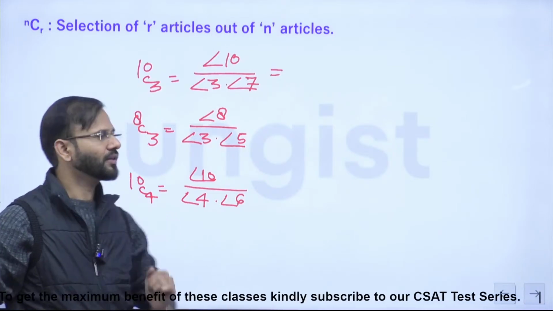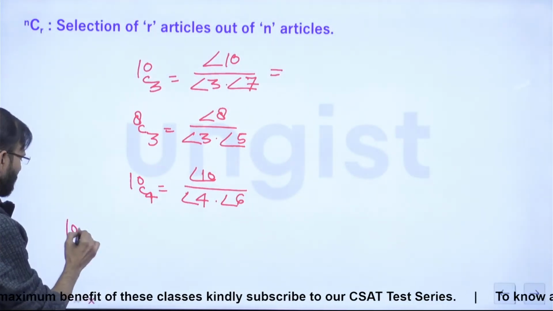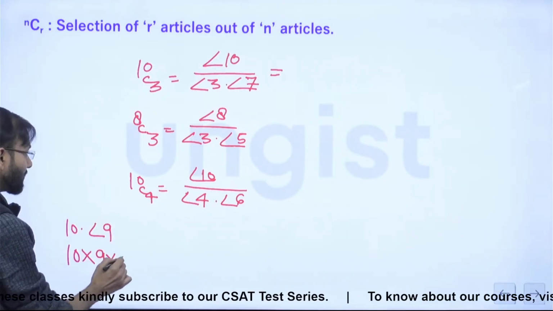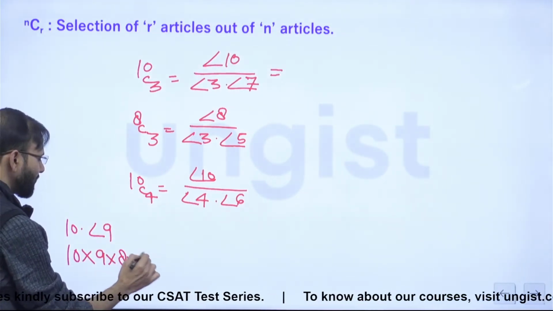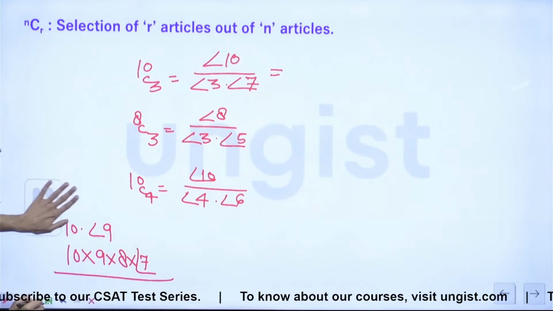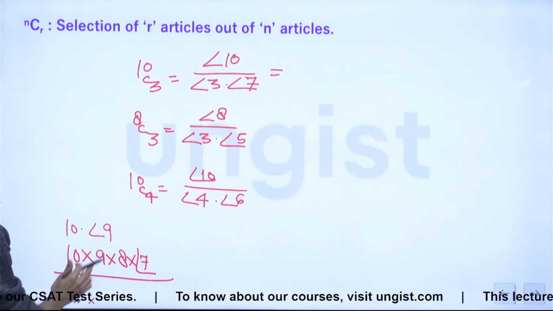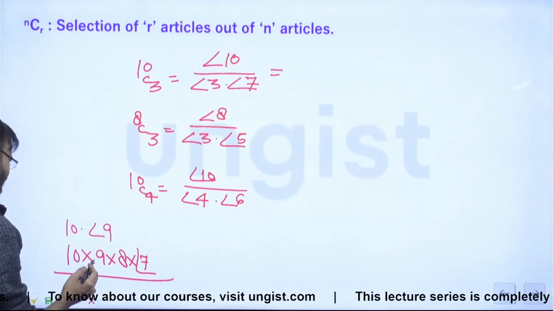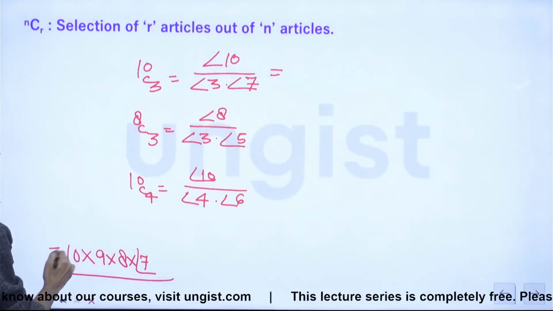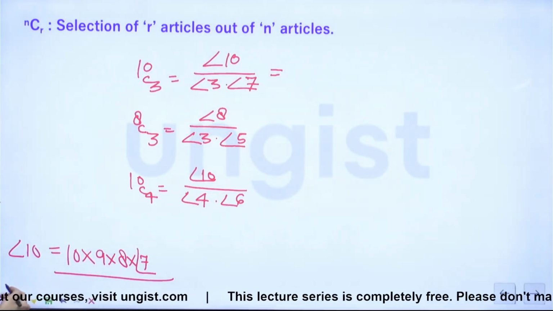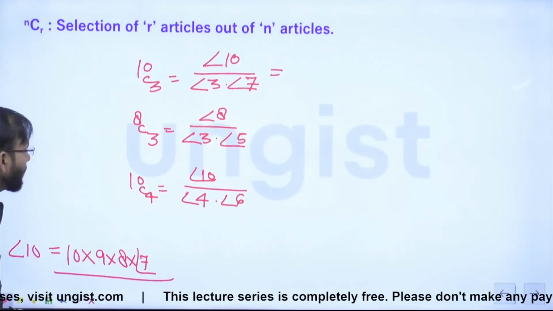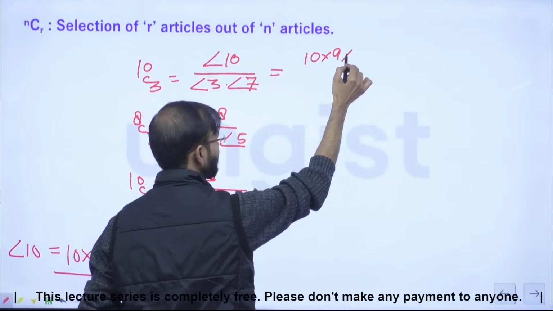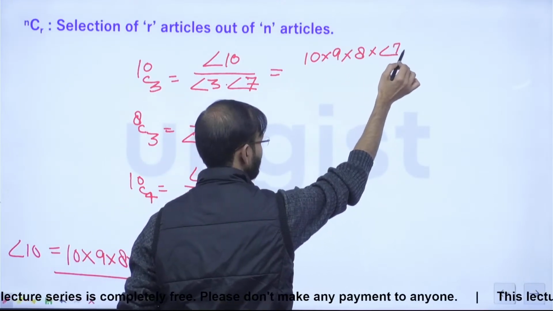And 9 factorial is actually 9 into 8 into 7 factorial, so factorial 10 can be written like this, guys. Factorial 10 is 10 into 9 into 8 into 7 factorial, right?